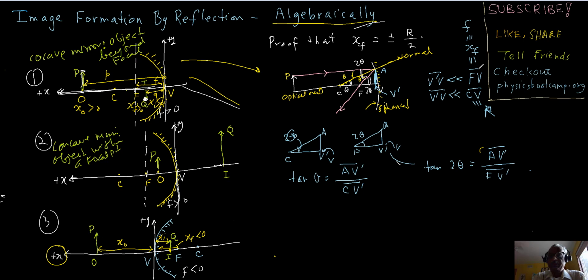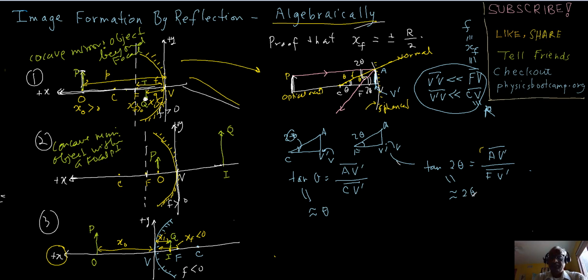Now what this approximation means is that these angles are all small, so this angle will be close to theta, and this angle will be close to 2 theta, and AV prime is the same on both of them, right?